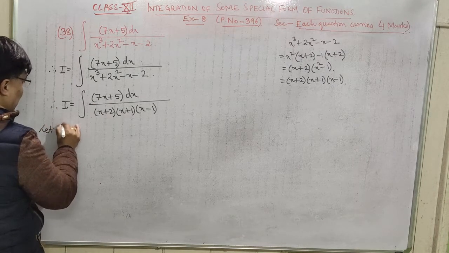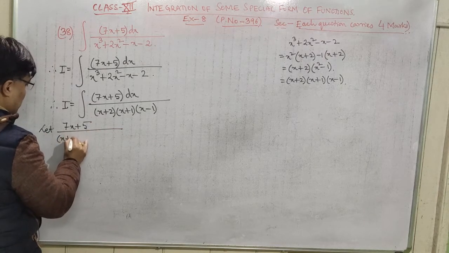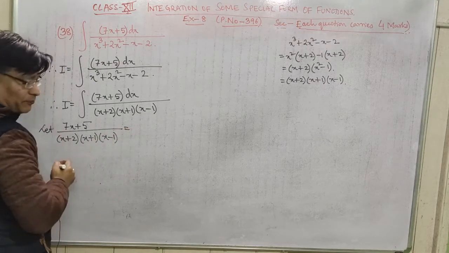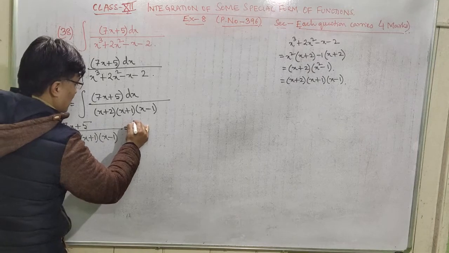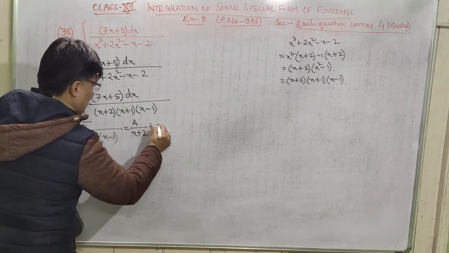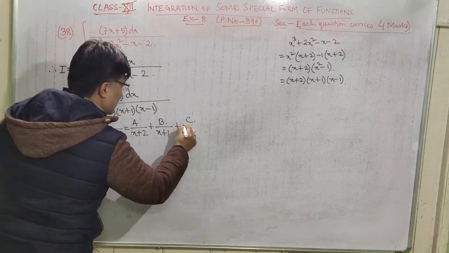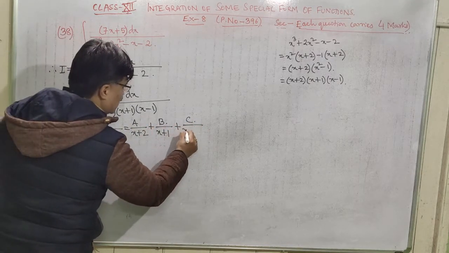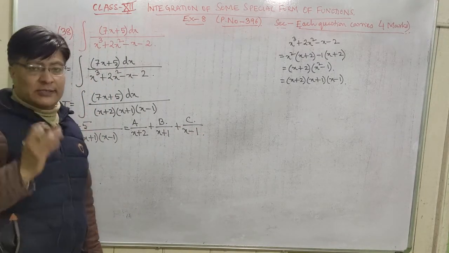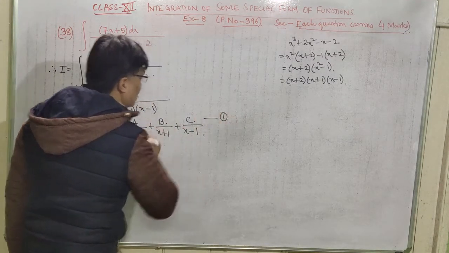Let (7x + 5) divided by (x + 2)(x + 1)(x − 1) equal A divided by the first factor x + 2, plus B divided by x + 1, plus C divided by the third factor x − 1. Since there are three factors, we have to write three constants: A, B and C. Let us mark it as number 1.